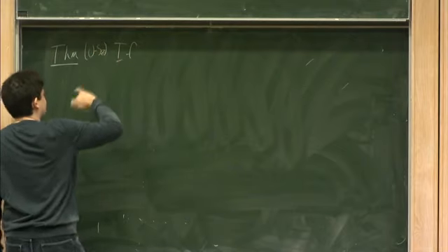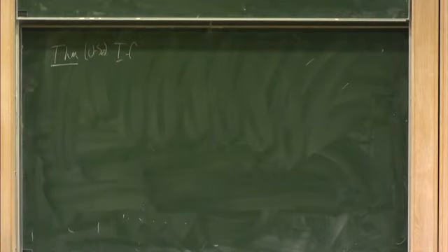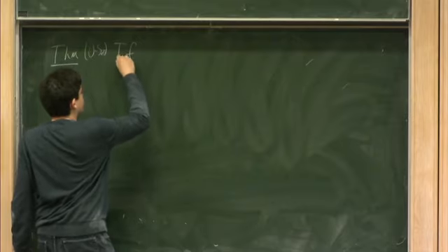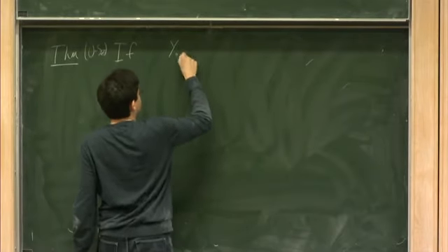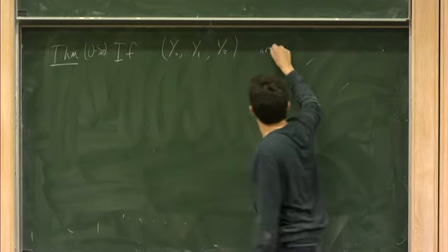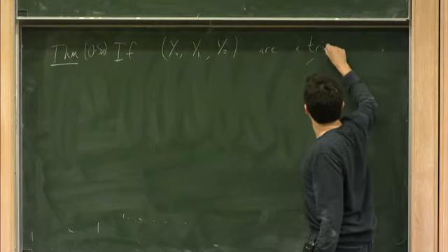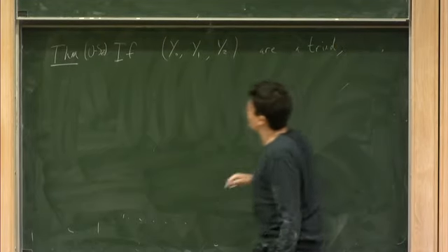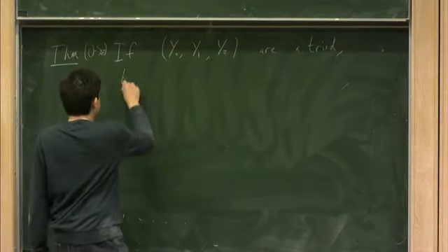It's fundamentally theirs and has been stated in more general ways by various people, which is that if Y0, Y1, and Y2 are a triad, then there are exact sequences.